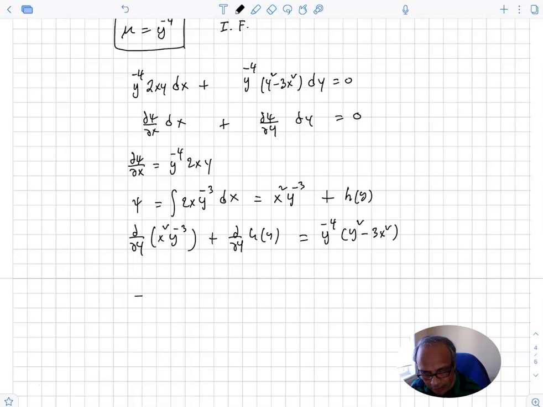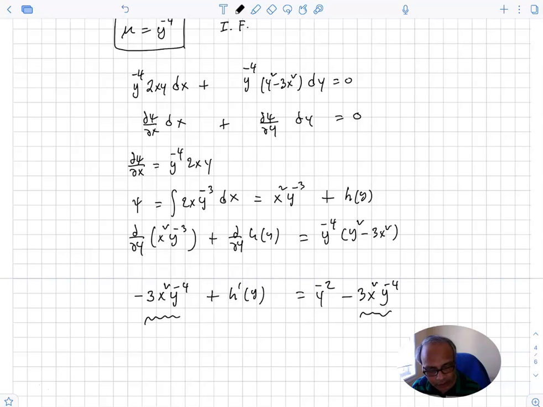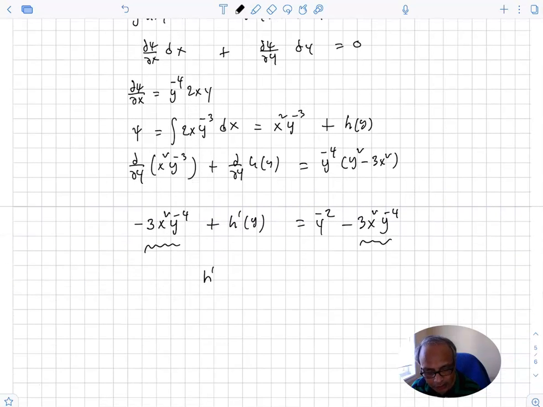The first term is going to be negative 3x square y to the power negative 3 plus h prime y equals, multiply, and you see that this quantity and this quantity get cancelled out from both sides. So h prime y equals y to the power minus 2.